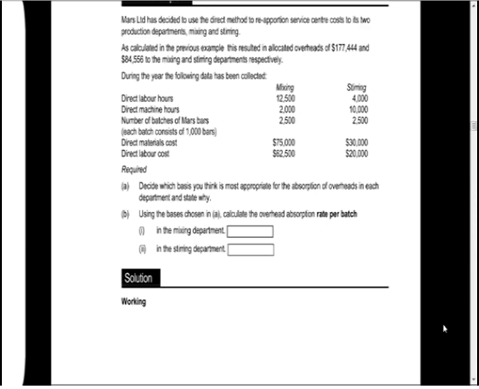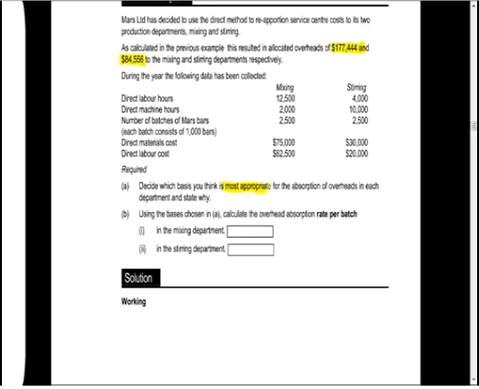What we're going to do now is work out how to get those overheads of 177,444 and 84,556, which we calculated in example 2b, into an individual batch of units. We're given some information about the two different departments, and firstly we're asked to decide which basis is most appropriate for each of the departments.